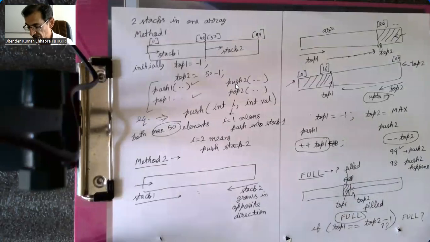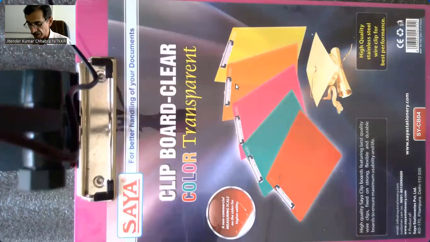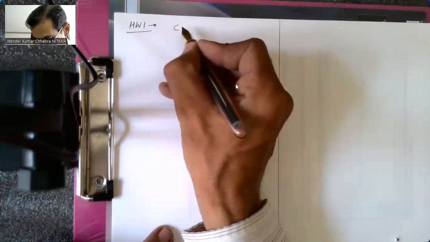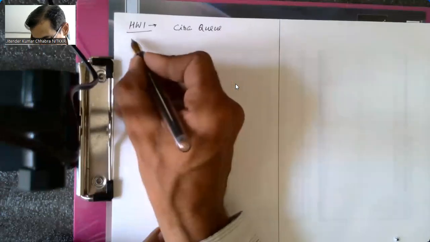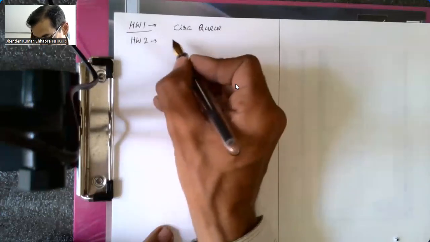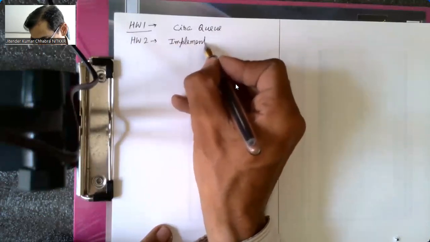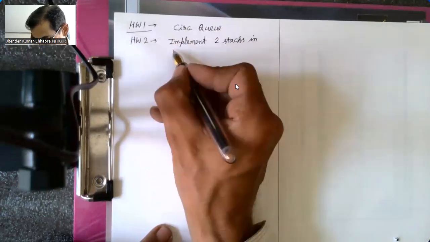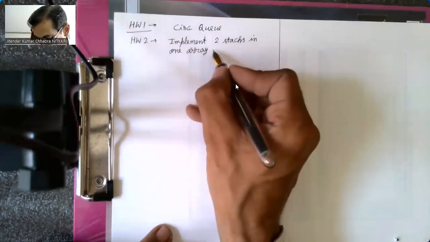So once you know this, now you can easily try to implement this. So I'm giving you second homework. My homework 1 was circular queue implementation, and homework 2, I say, implement 2 stacks in 1 array. There are 3 alternates.